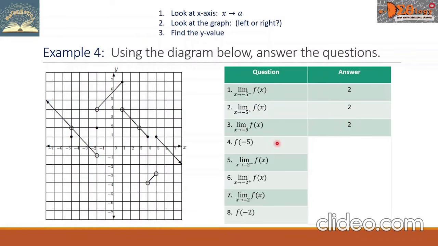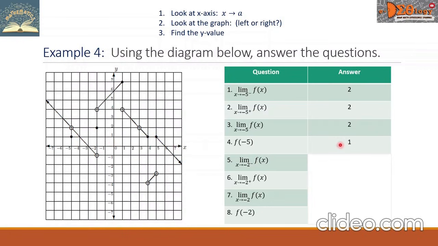Now, number 4, f of -5. -5 is here. On the graph, there is a point. Also, there is a line, but there is a hole at that point when x equals -5. That means we are going to get the value of this point when x equals -5, and that is 1.